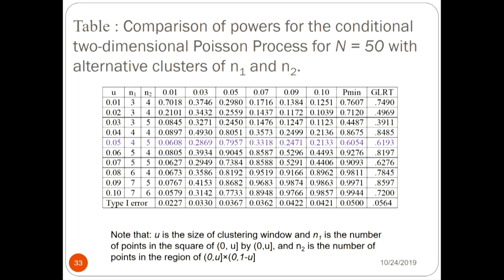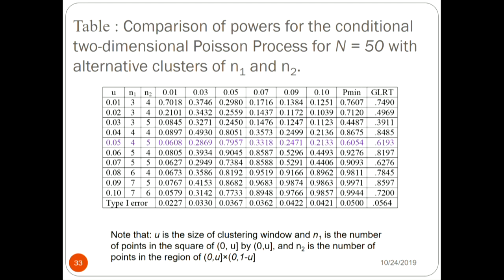In this example, we assume here U is the clustering size. With the clustering size, for example, I put the purple color here, a clustering size in a relatively small area of 5% by 5% here, with four cases inside of this area and 46 outside, we can calculate the power of the test statistic.